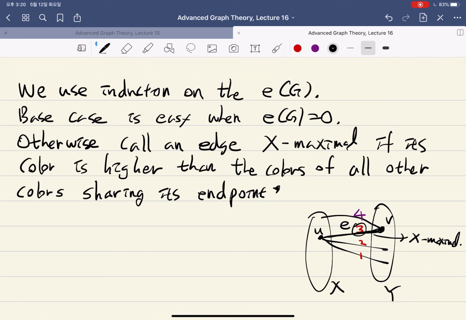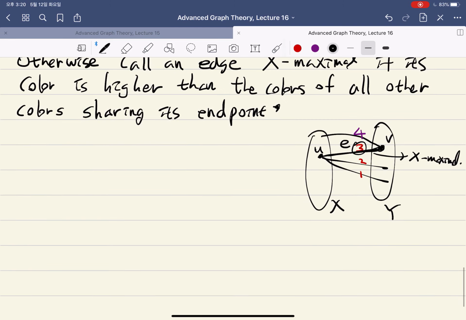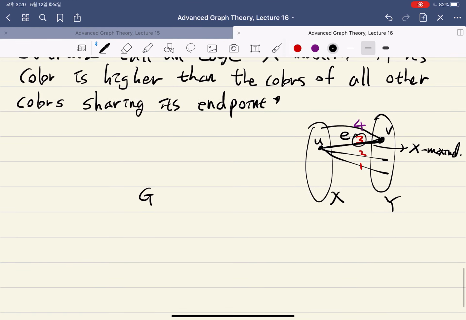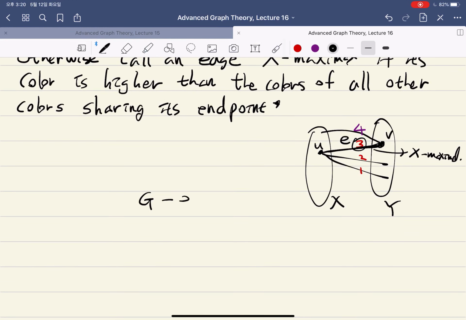So the reason why we define this is that roughly what we want to do is we have this G and we want to use induction. So we want to choose some E, some edge, and we delete it. And then by the induction hypothesis, in here we have some kernel.